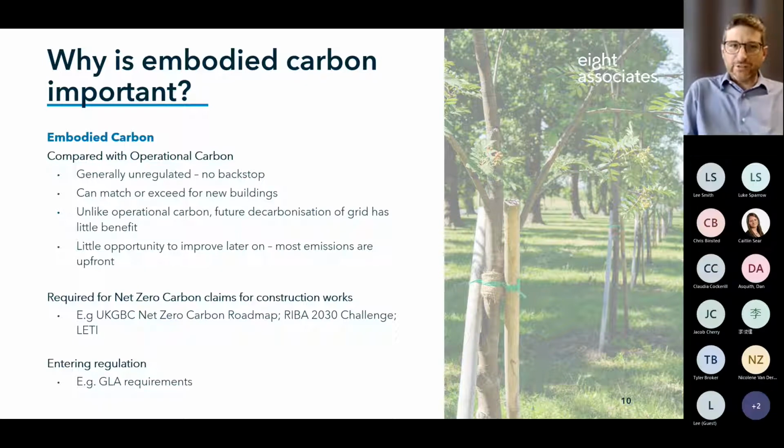So all those things you can do with operational, unlike with embodied, where a very significant proportion of embodied emissions occur right at the beginning, the upfront emissions, and those emissions have happened. There's nothing you can do about it afterwards, and that's why they're so important to tackle right at the beginning.